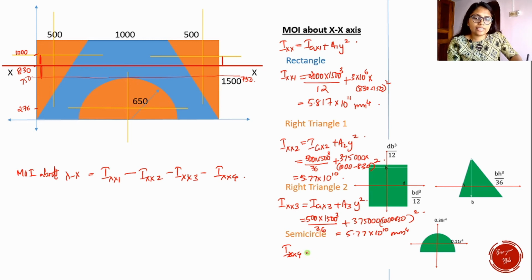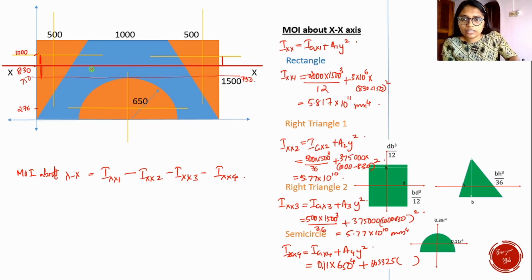And finally it is a semicircle coming up. Here also it is Igx4 plus a4 y square, isn't it? And Igx4 is, see, the semicircle which is rotating about the x-axis, isn't it? So the value is 0.11 r raised to 4. So 0.11 into r here is 650 raised to 4, okay, plus area of the semicircle which is pi r square divided by 2, that comes about 663325 into distance of separation y.